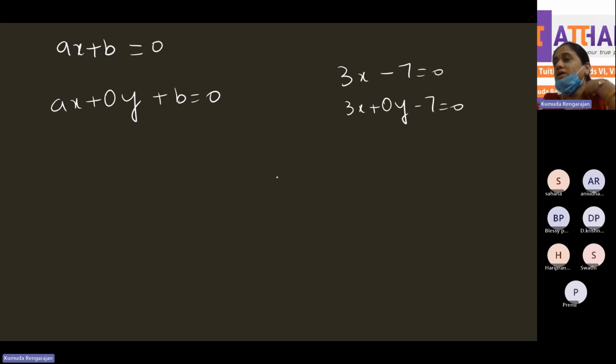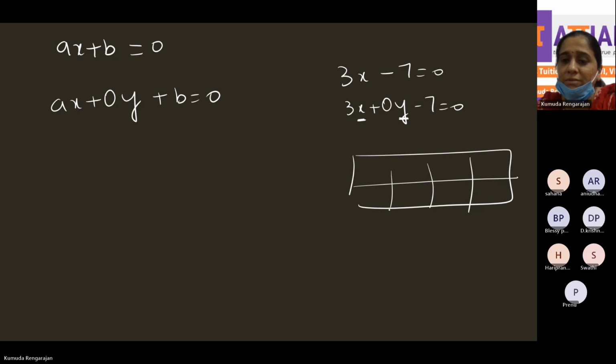For every value of x, you will get a corresponding value of y, and vice versa, so you can make an XY table. You can get 3 points, but you know that you can get infinitely many points.